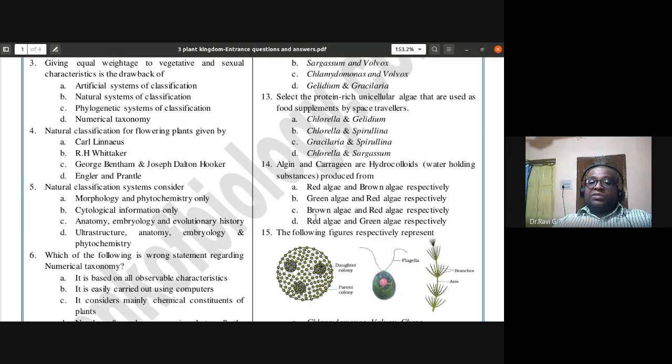So C, B and D, it is ruled out. So algin and carrageen are hydrocolloids which are obtained from red algae.